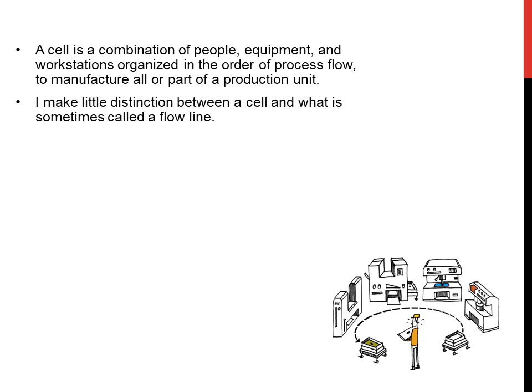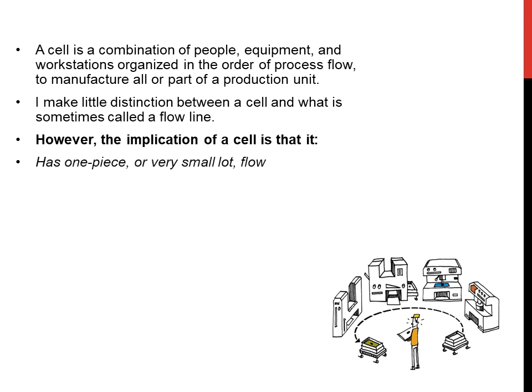Now, there is a little distinction between a cell and what is sometimes called a flow line. However, the implication of a cell is that it has one piece or very small lot or flow.